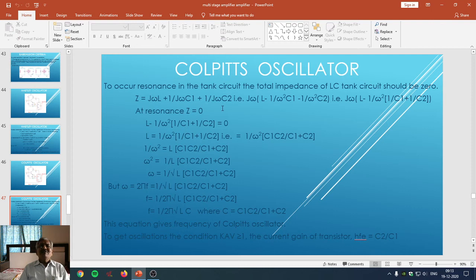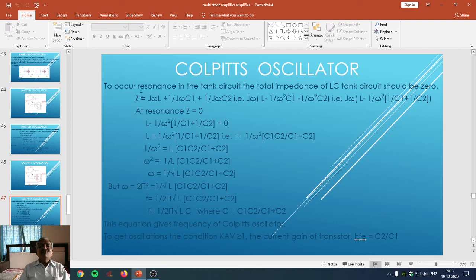Now simplify this equation. Take j omega common, it becomes L minus 1 upon omega square C1 minus 1 upon omega square C2. That is, j omega into bracket L minus, again taking 1 upon omega square common, 1 upon C1 plus 1 upon C2.